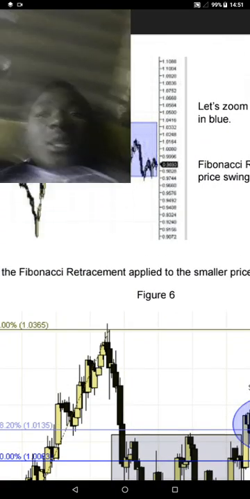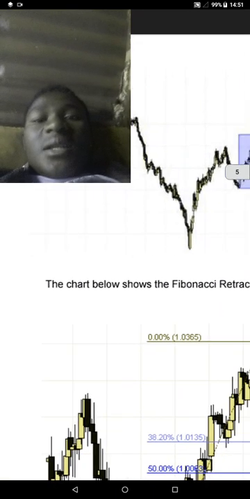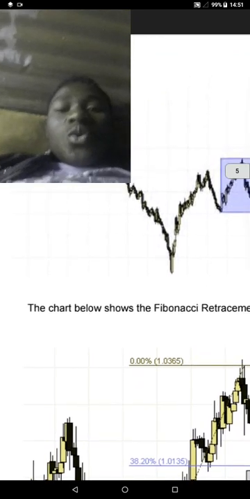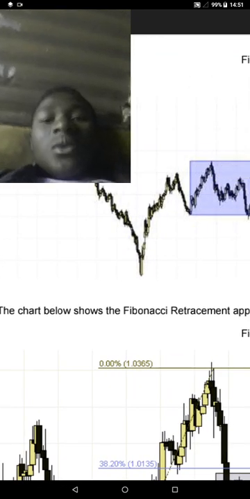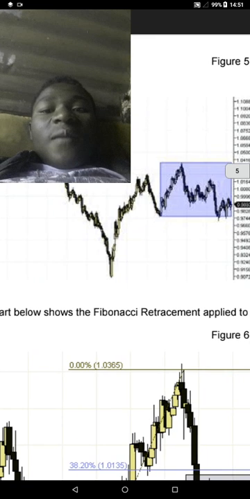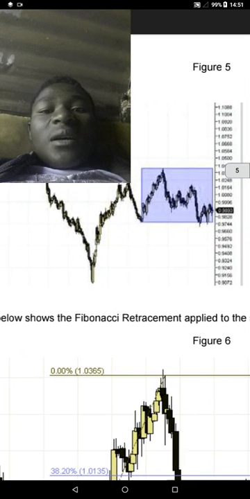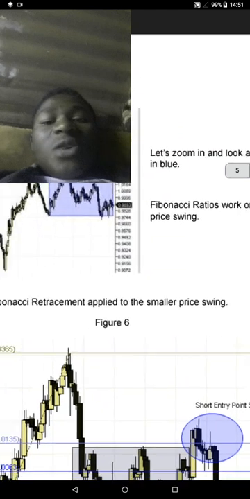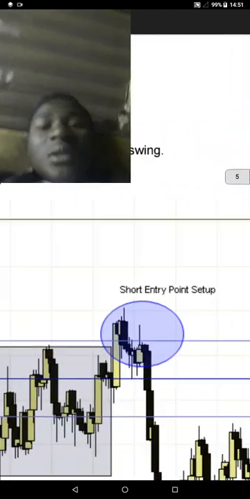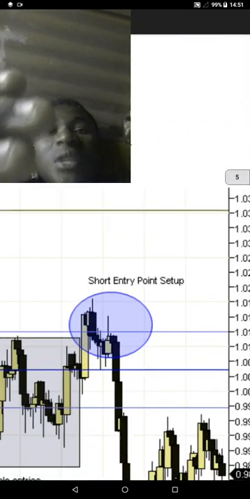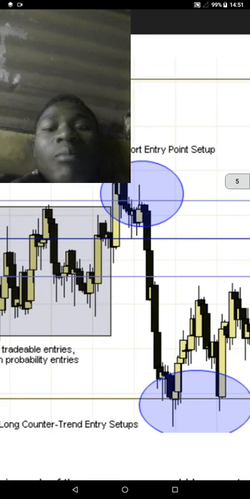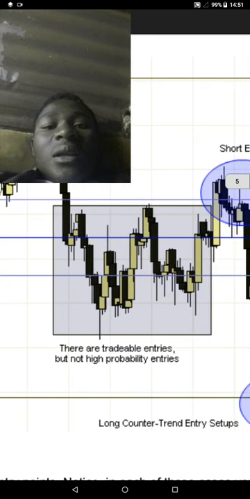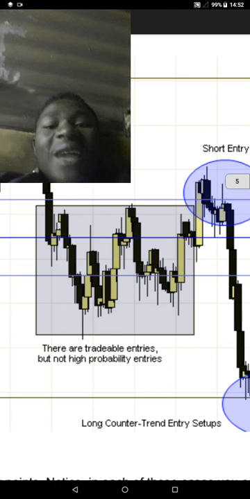Then we proceed, guys. In here, the chart shows the Fibonacci retracement applied to the smaller price swing. As you can see here, it is a short entry point setup, and then there are tradable entries but not high probability entries, guys.